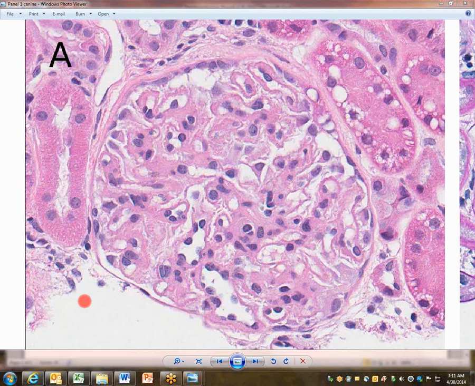Looking at this glomerulus, I think that the mesangium is multifocally expanded, and there are too many mesangial cells, a proliferation of mesangial cells multifocally throughout the glomerular tuft. I think there's some hypertrophy of parietal cells in Bowman's capsule, and there might be some syncytiation, although it's kind of hard to tell on H&E. And that was pretty much it for the H&E.